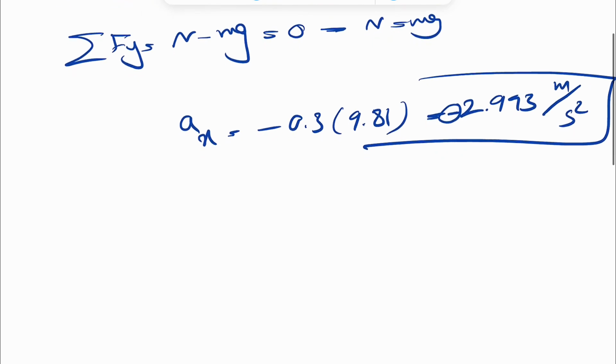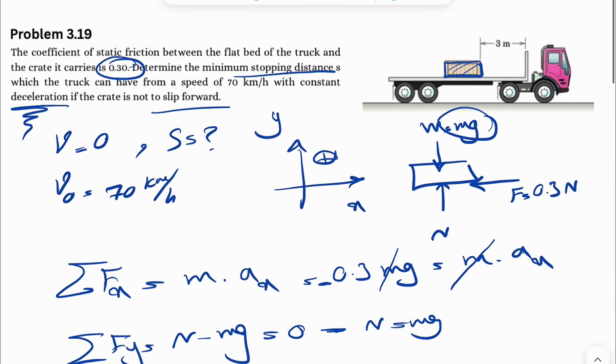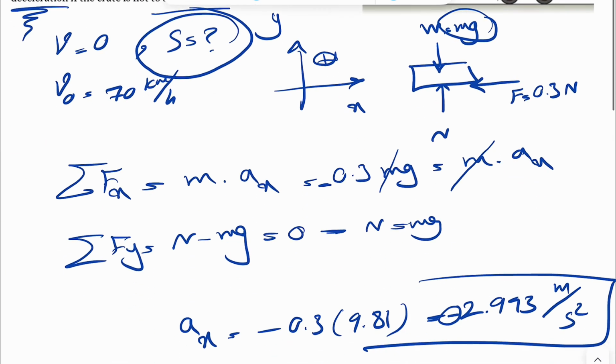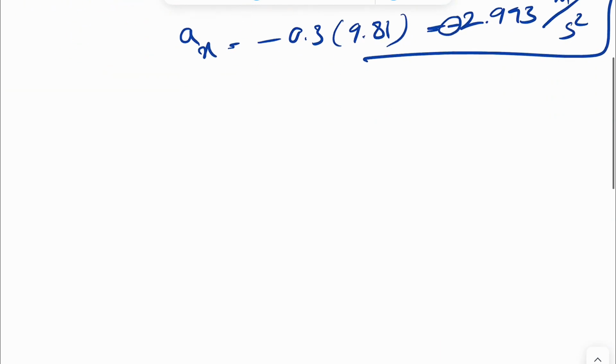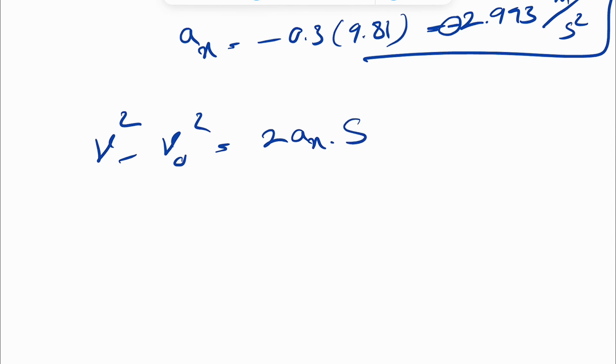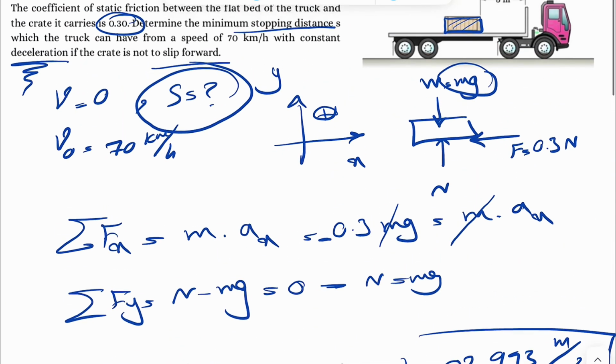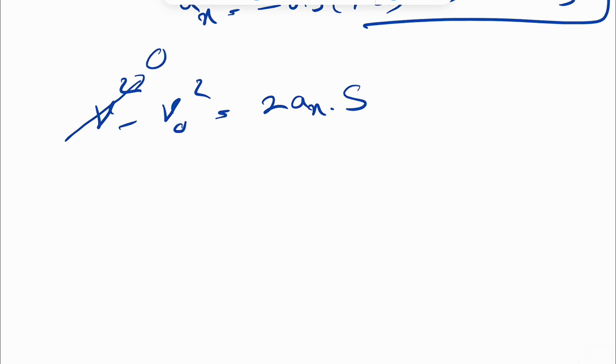It's reducing the speed, and we're looking for the distance s. There is no time here, so we go with the formula without time, which is v squared minus v0 squared equals 2 times acceleration times distance. The truck is going to stop, so v is 0.